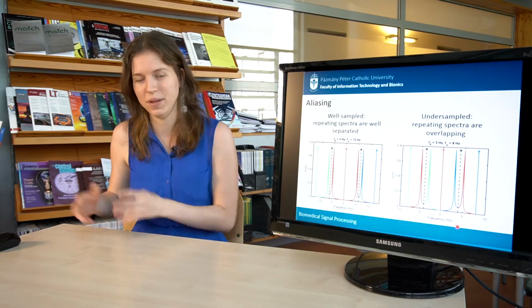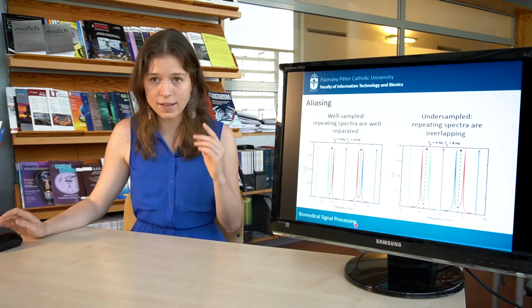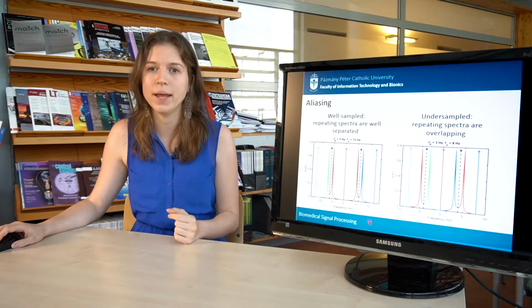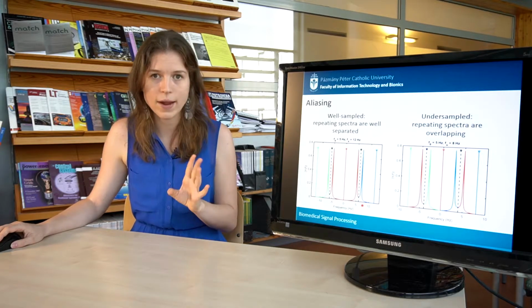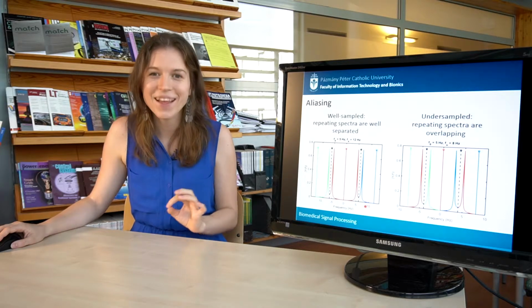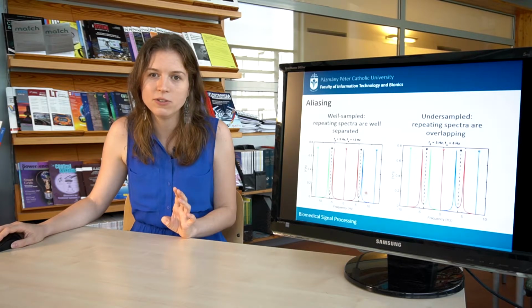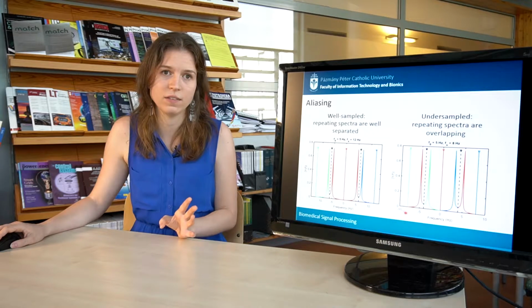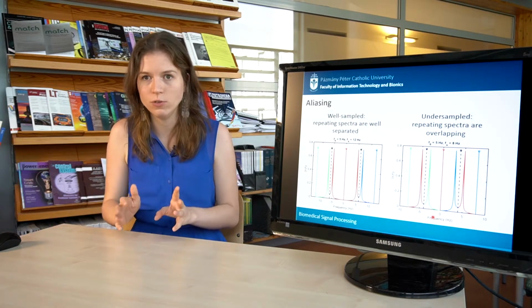They are the same, but this is what you should do from a mathematical point of view. And if we think about it like that, then you can see here that the red line is my original spectrum, and if everything is quite okay, I have sampled it perfectly or in a good way, then they are not really overlapping. So the next period, the blue one, is starting just next to it. It's okay.